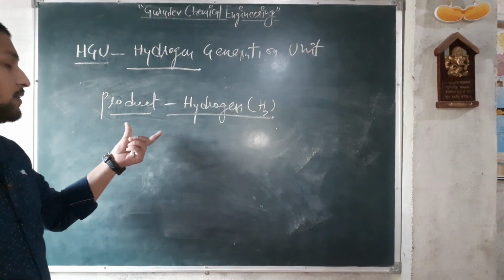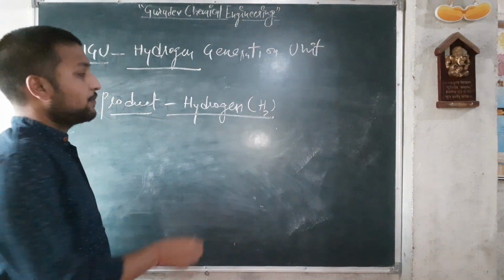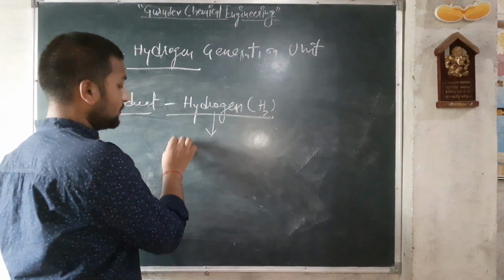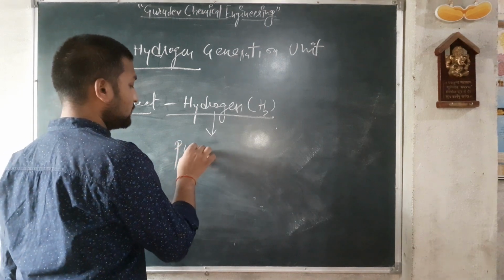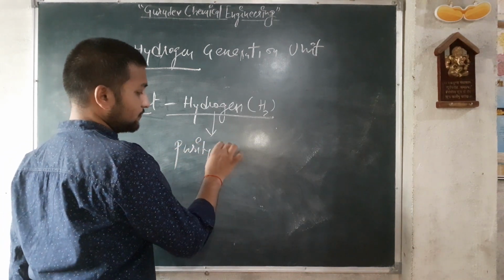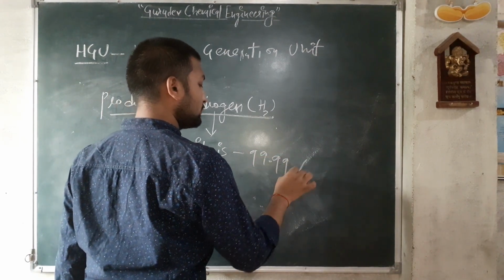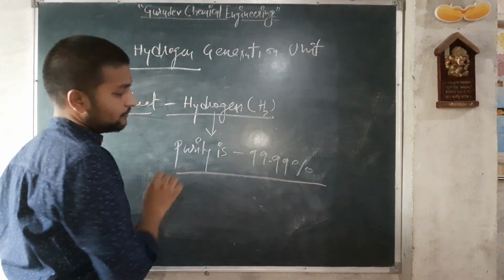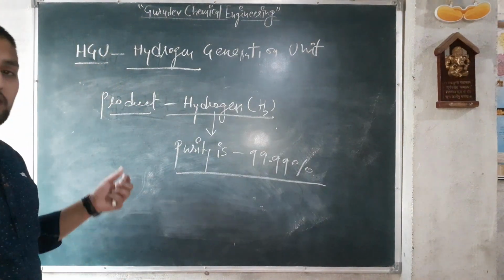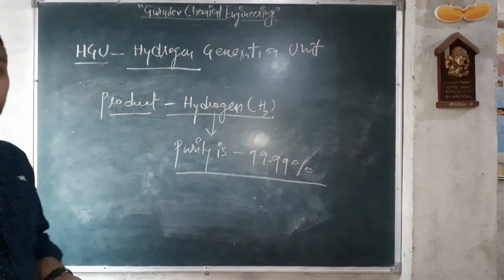So basically our hydrogen purity is 99.9%. So this was the brief knowledge about the hydrogen generation unit.